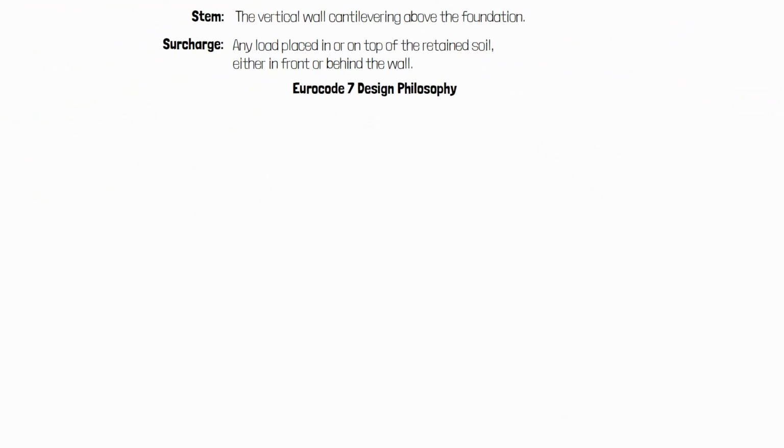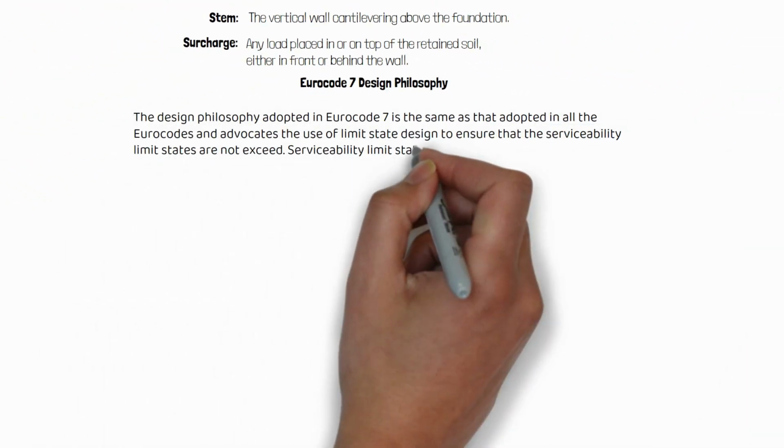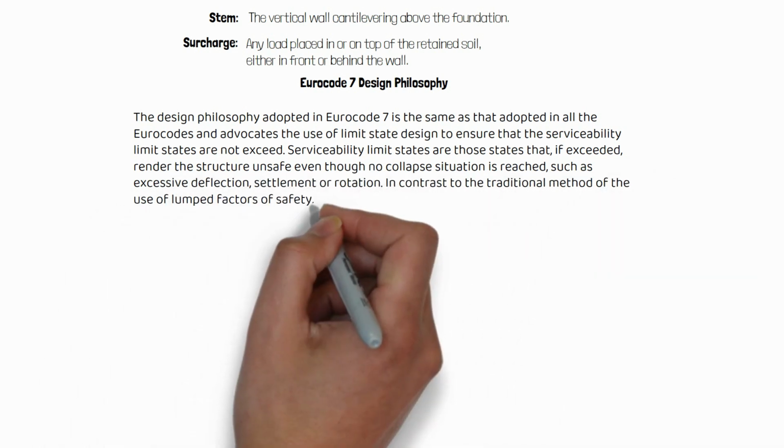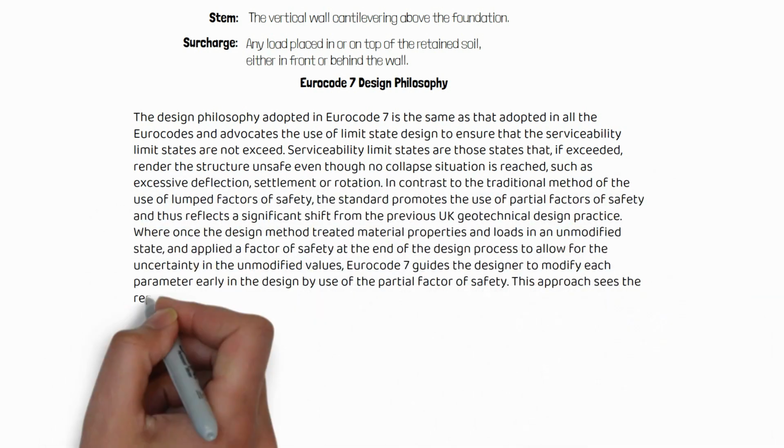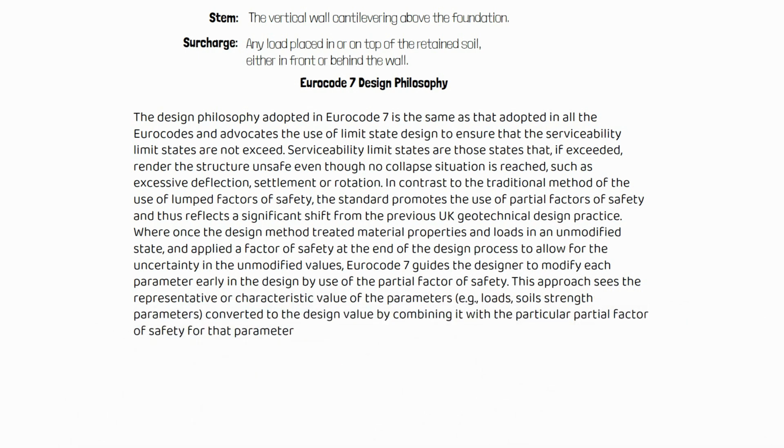Eurocode design philosophy. The design philosophy adopted in Eurocode 7 is the same as that adopted in all the Eurocodes and advocates the use of limit states to ensure that the serviceability limit states are not exceeded.